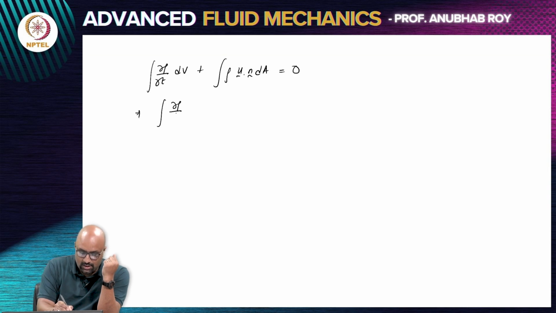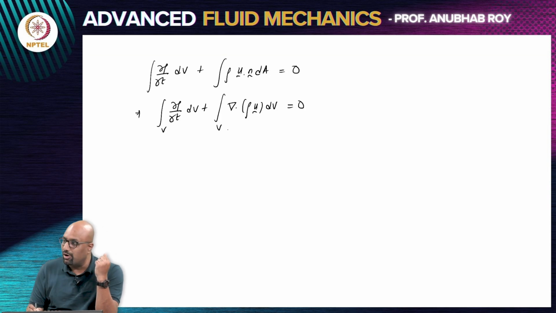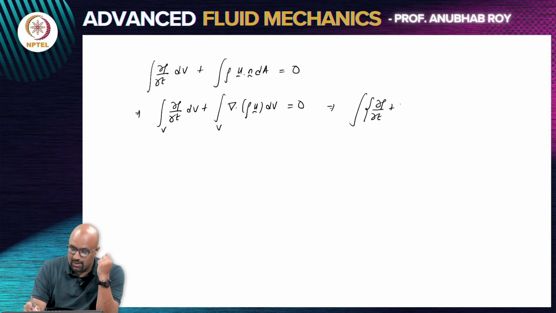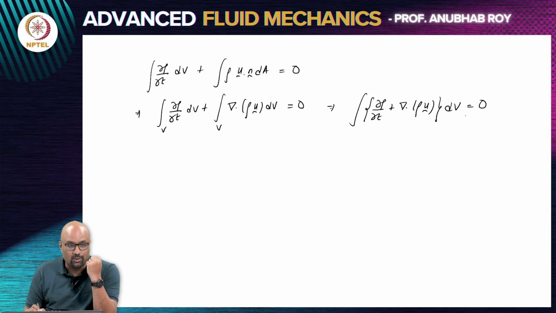So, this is dou rho dou t, and on applying the divergence theorem, this can be converted to divergence of rho u dV. Both of these are over the volume. And then you get back your familiar expression that dou rho dou t plus divergence of rho u dV is equal to 0.